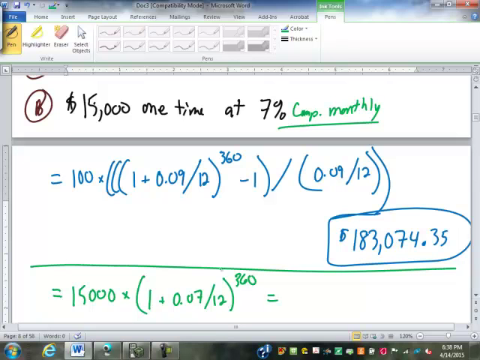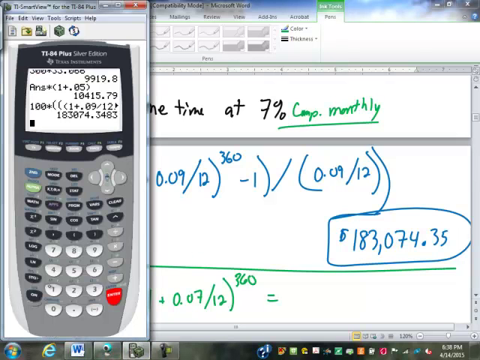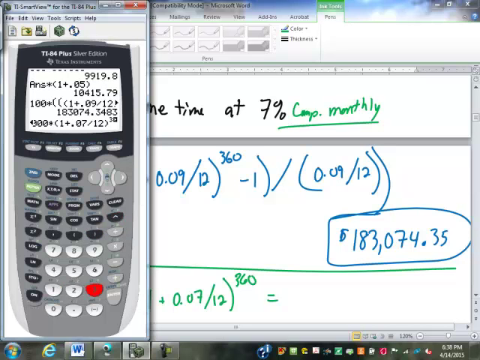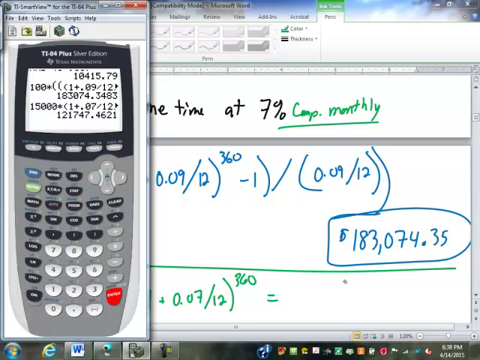That's the simple compound interest formula. 15,000 times 1 plus 0.07 divided by 12, close, power of 360. $121,747.46.